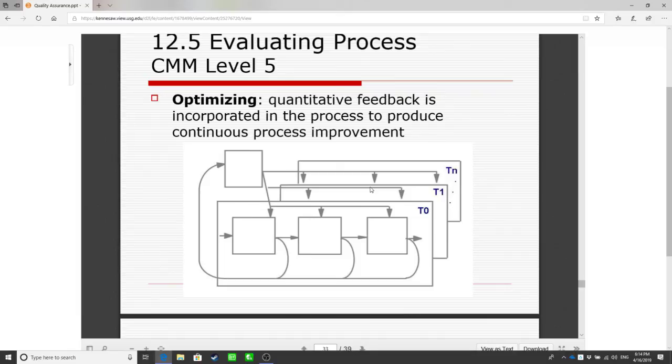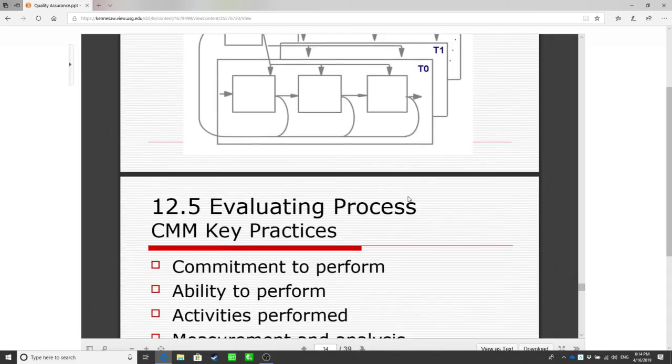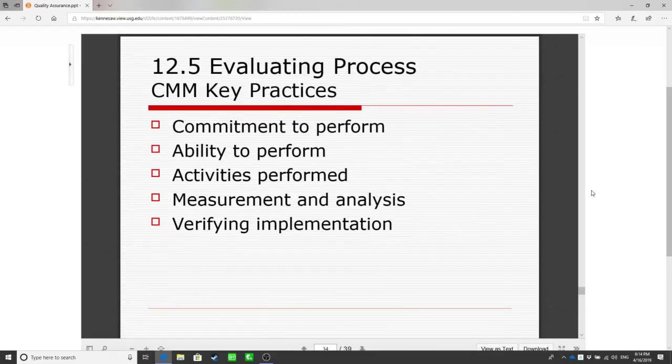Quantitative feedback is incorporated in the process to produce continuous process improvement. The process itself is evolving. So that's CMM 5. A lot of software companies are struggling to reach CMM level 5 so that they can get big contracts, especially from government and military. Their customers will think they are more reliable.